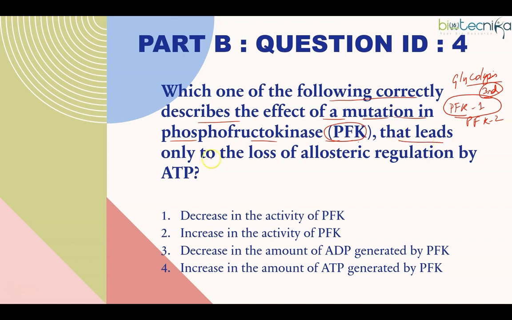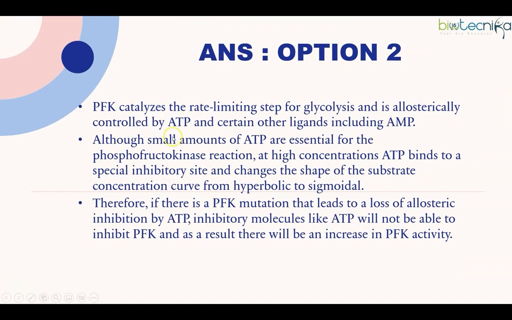So this leads only to the loss of allosteric regulation by ATP. So you have to say, if there is a mutation in this PFK such that there is only loss of allosteric regulation by ATP, then what will be the effect? Okay.